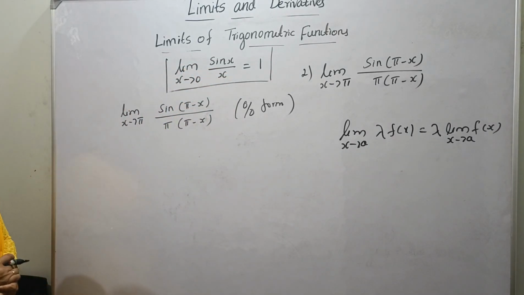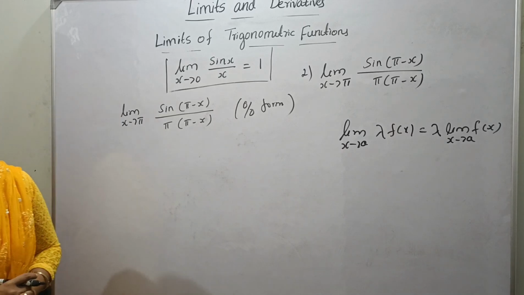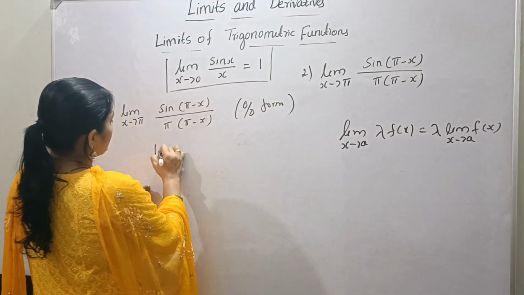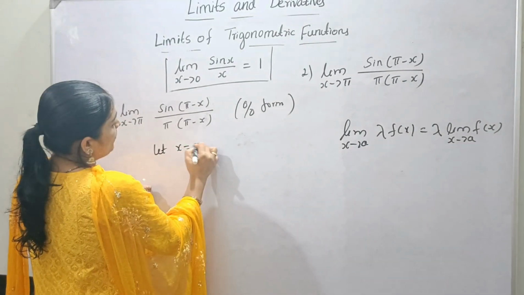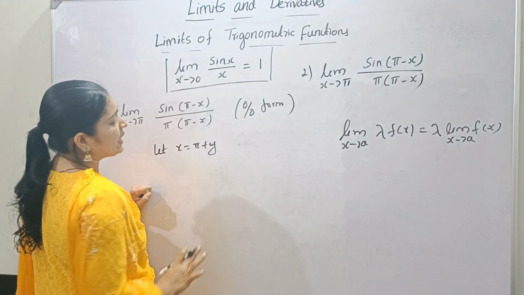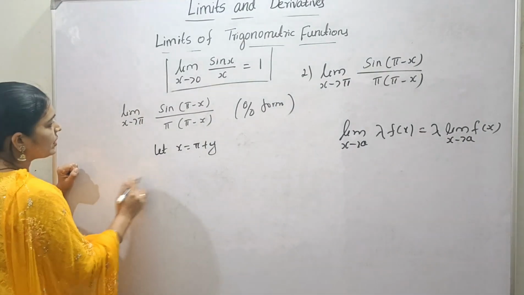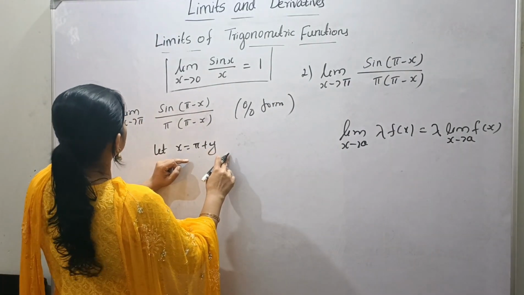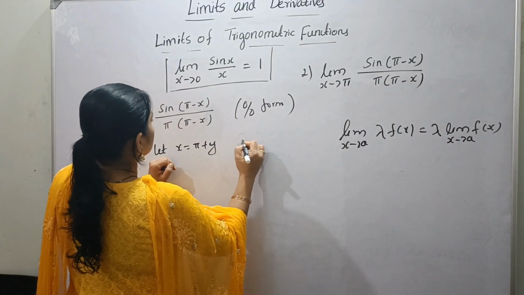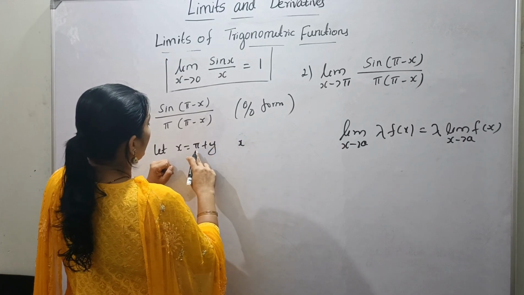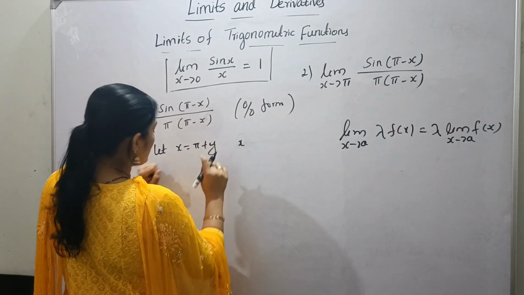So here let us take x equal to pi plus y, so that this pi will cancel, okay? Let x be equal to pi plus y. Then if x tends to pi, y tends to 0, right?